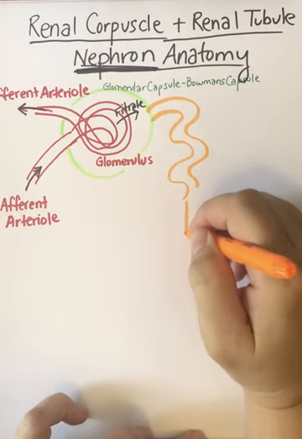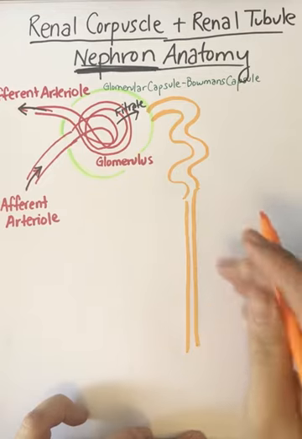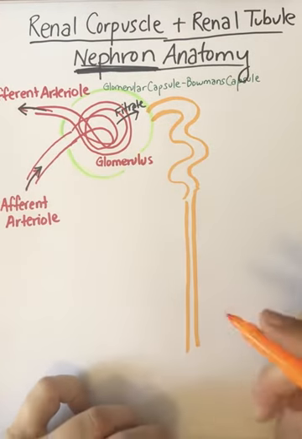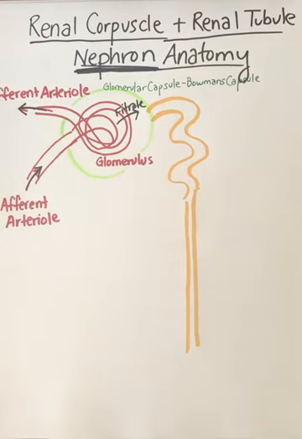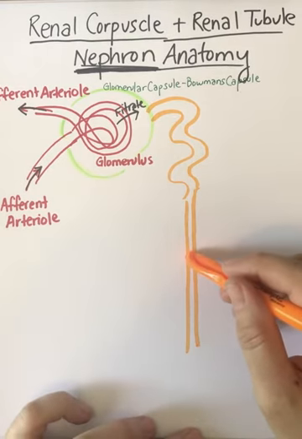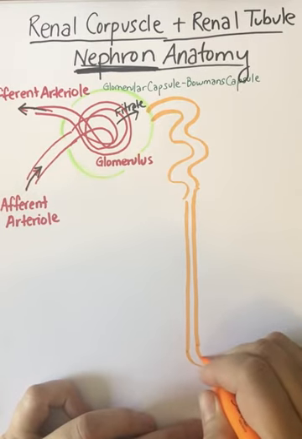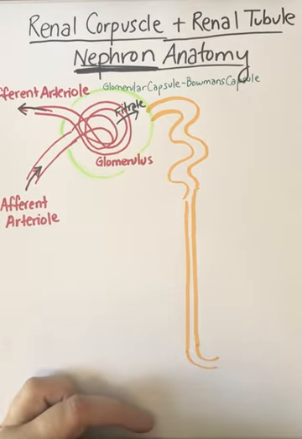Now, it's going to basically thin out, and it's going to dip down. So this is basically a portion or an attachment of the proximal convoluted tubule, and we call this the descending limb of the loop of Henle. So that filtrate is going to have to always go in this pathway.